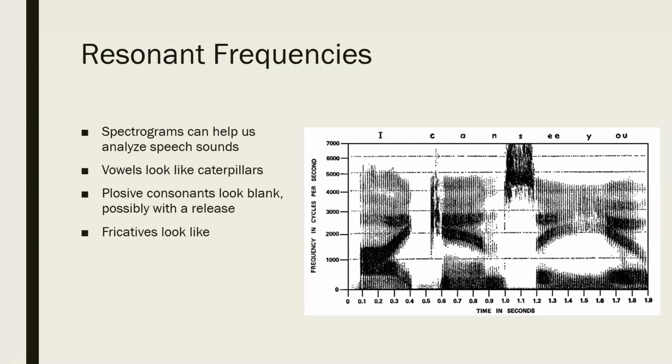And fricatives look like the thing we see near the letter S here. The S sounds like white noise, and when we look at that on a spectrogram, that corresponds to a broad range of frequencies all being pronounced at the same time. So that's what a fricative can look like.